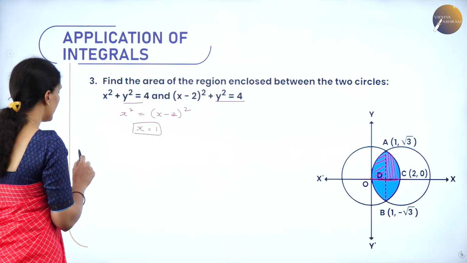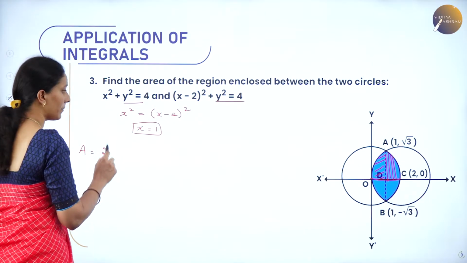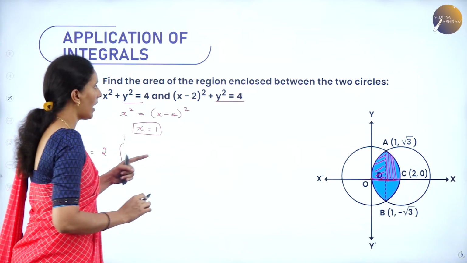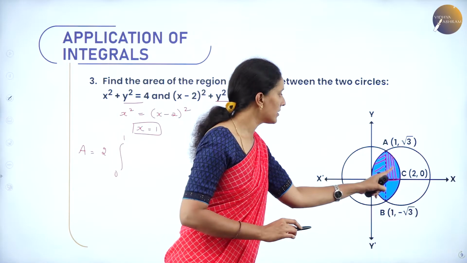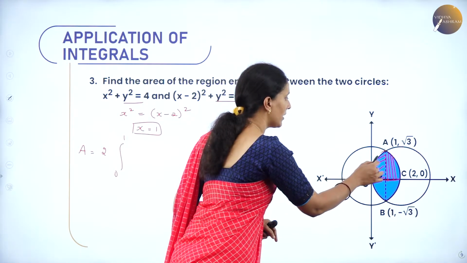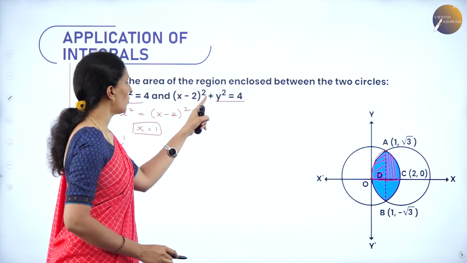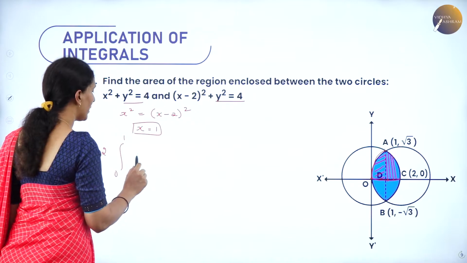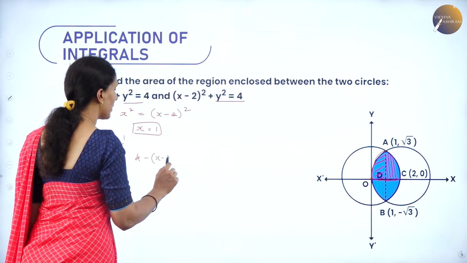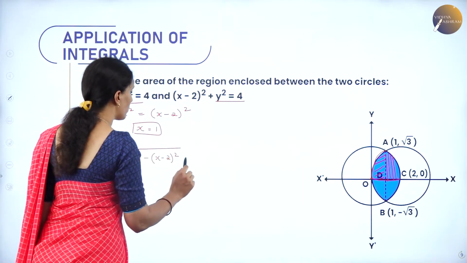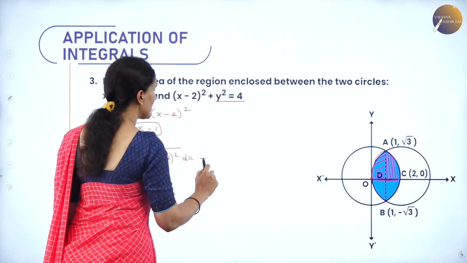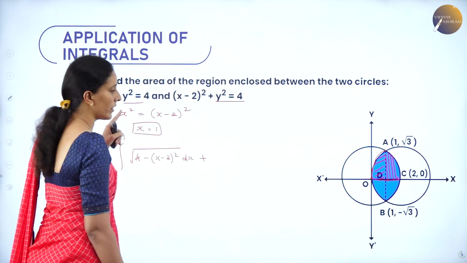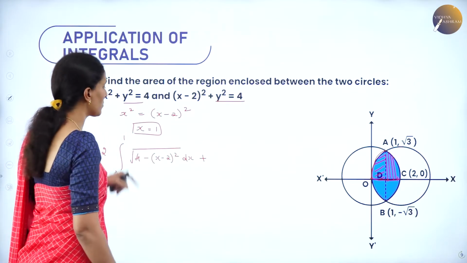So therefore here total area is 2 times. For the first circle it is from 0 to 1 and the area is here. This is the area bounded by this region, and this circle is (x minus 2) whole square plus y square is equal to 4. That is, when converted in terms of y, it is square root of 4 minus (x minus 2) whole square with respect to dx, plus the second region, which is bounded by the circle x square plus y square is equal to 4.